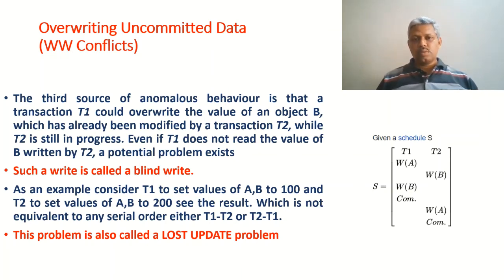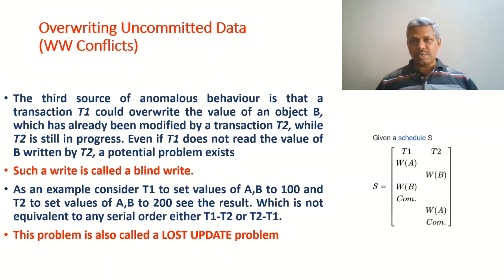This problem is because of the blind writes performed by the transactions and interleaving the blind write operations without reading anything. Now if you look at the same transactions as a serial schedule, that is, first T1 is performed, then T2, that is T2 after T1, the values of both A and B would have been 200. And if the serial schedule is first T2 then T1, the final values of A and B would have been 100.